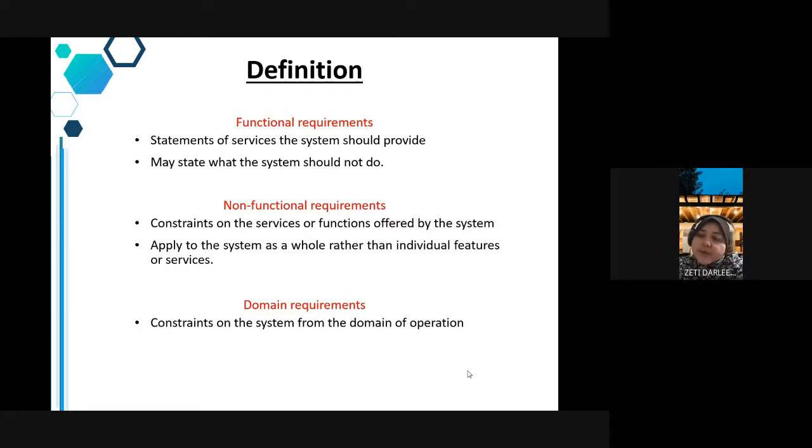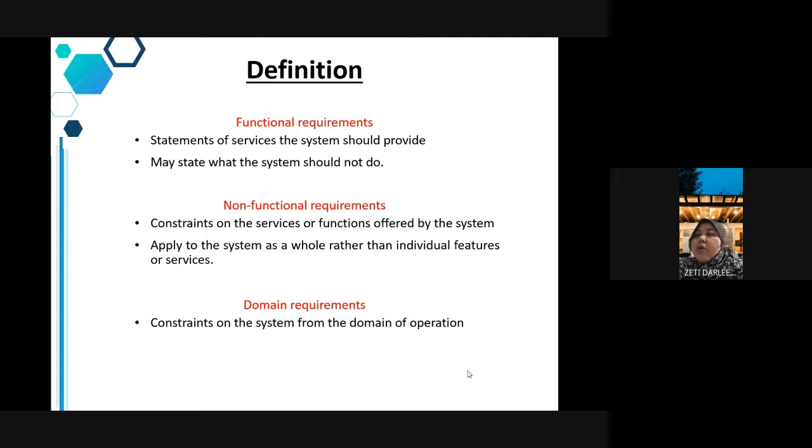So we have to, what we call it, kena faham kita buat sistem ni untuk domain apa. Okay, because different domain have different requirement, especially on information, accessibilities, kerahsiaan tu semua kena berbeza based on the domain.